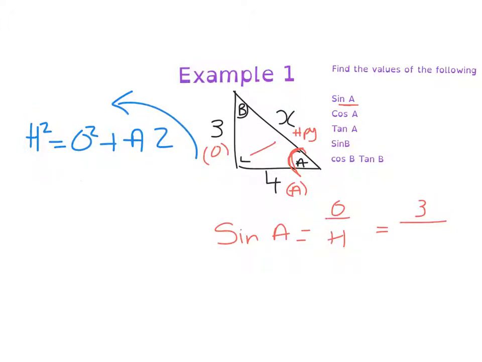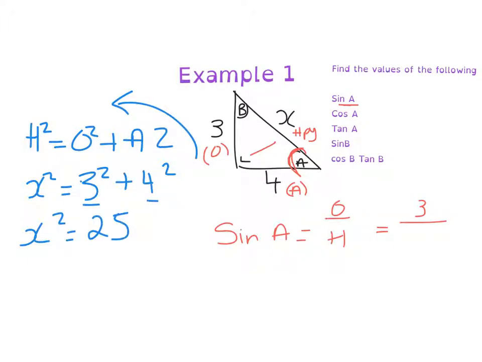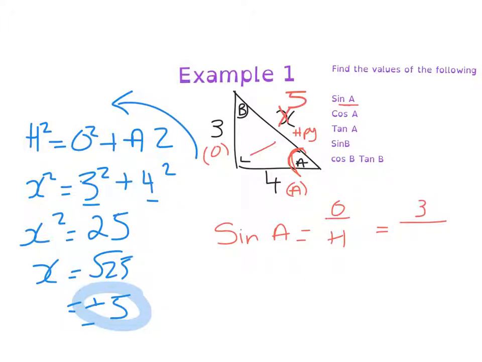So I'm going to get at this point here, x squared equals 3 squared plus 4 squared. x squared equals 25. Hopefully you see where I got that. Therefore, x is equal to root 25, which is plus or minus 5, but in this case, because it's a length, it has to be just plus 5. So I can go back here and I can say, okay, well now x is 5 and sine of A is 3 over 5.